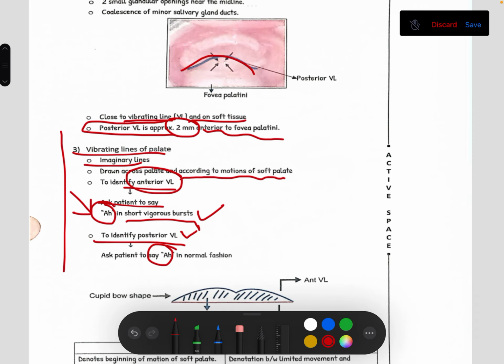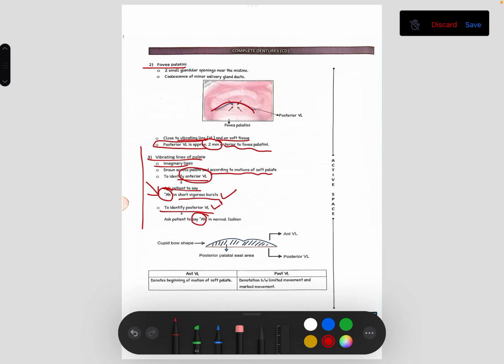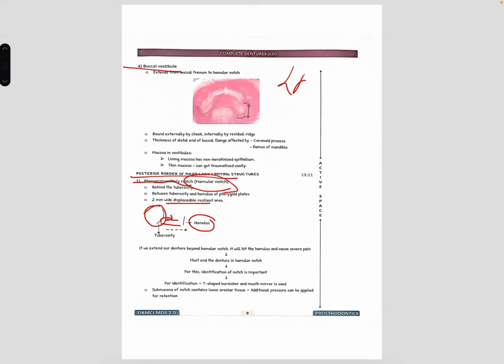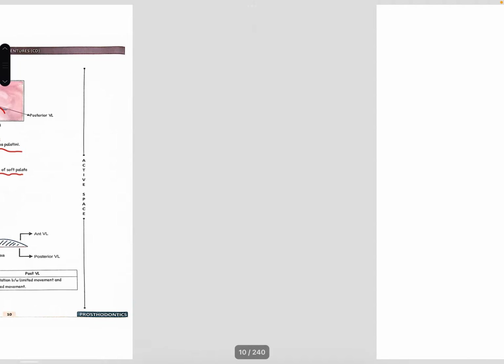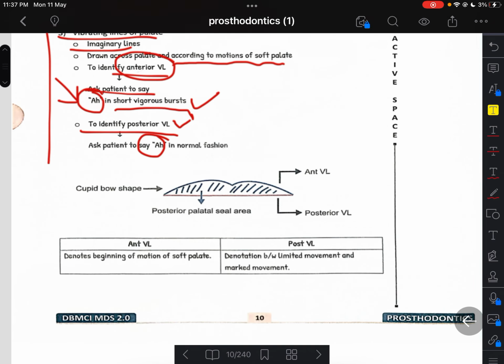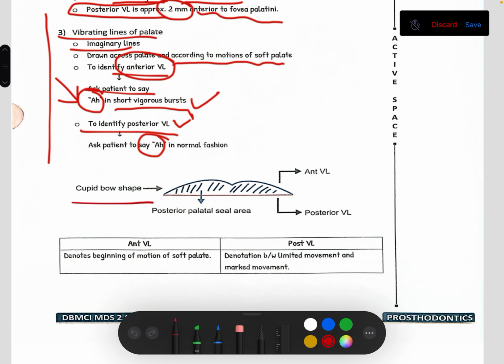Now, we had some posterior structures. One of them was fovea palatini, the other was the vibrating lines of the palate, and there was also the pterygomaxillary notch or the hamular notch, right? Now moving forward, before we move on, let's understand the cuspid bow shape. The cuspid bow shape is obviously the PPS which is having those shapes.